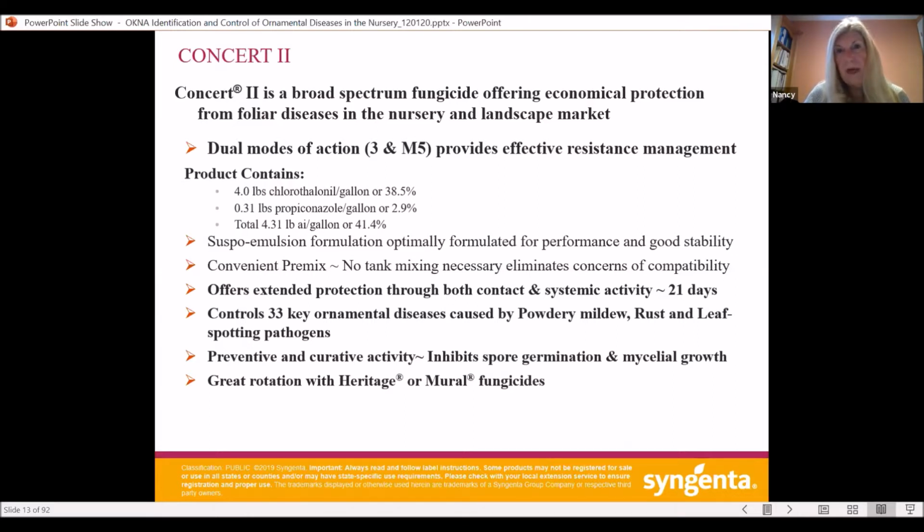What we have found is that putting these 2 together, we had to do some special formulations, but it enhances the activity of both products, and we actually see better and longer control with Concert than using the 2 separately. So it is a convenient premix and can be a great rotational tool to use with the other 7-11s and the 3s.